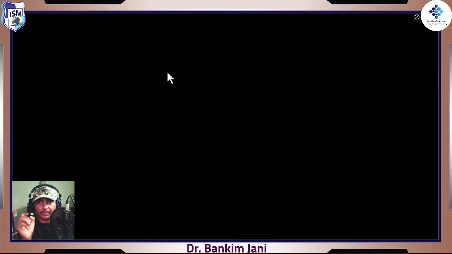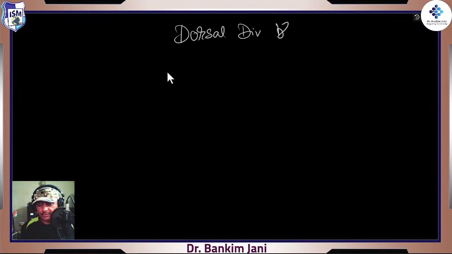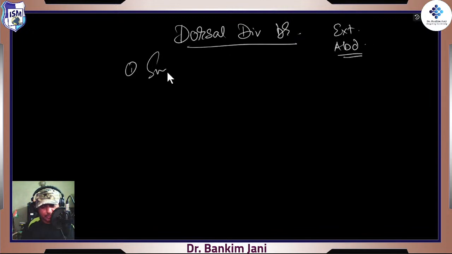Now we talk about those dorsal division branches, right? So all these dorsal division branches, which will be for extensors and abductors, that is those who increase the distance.